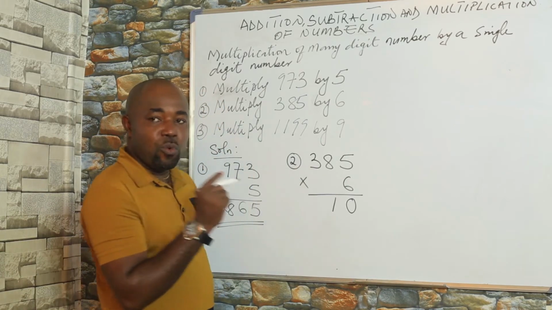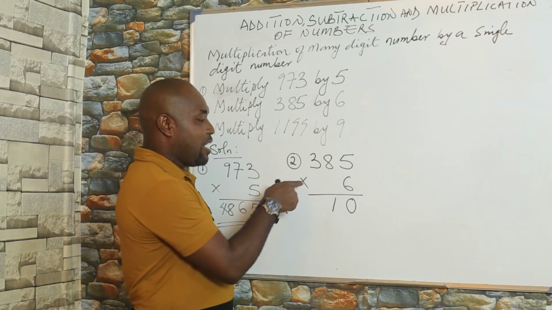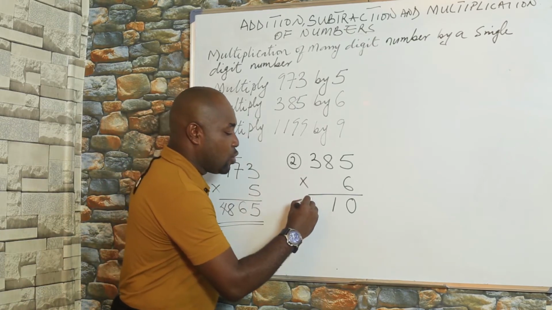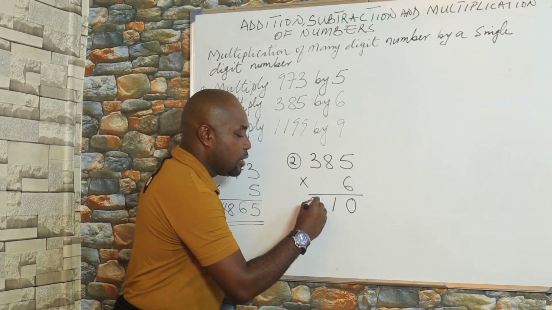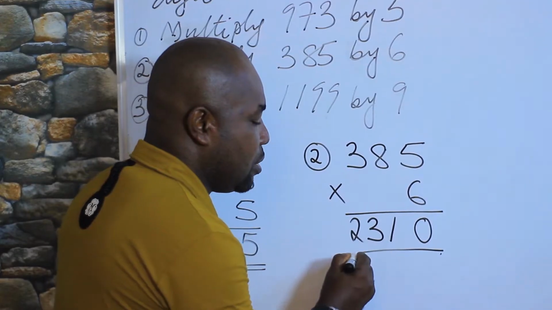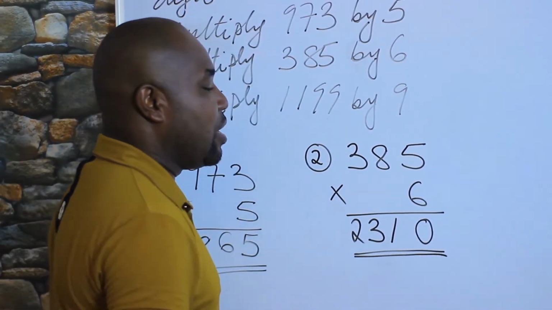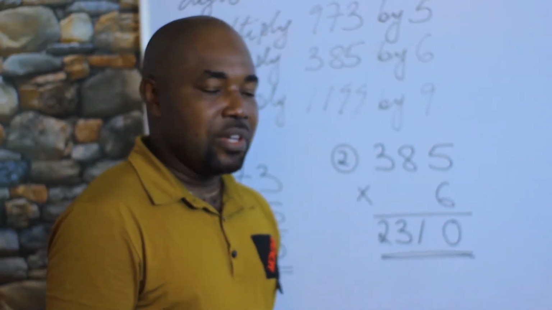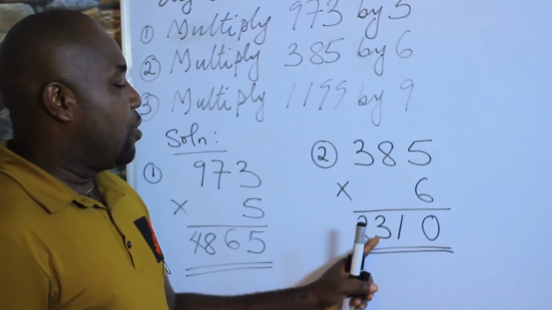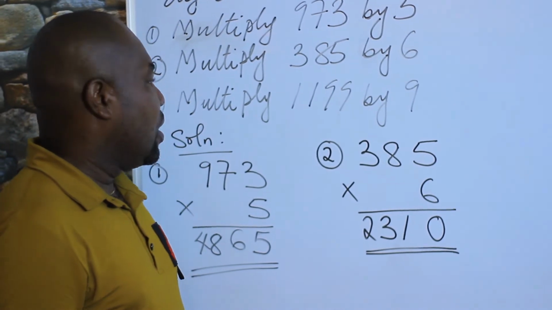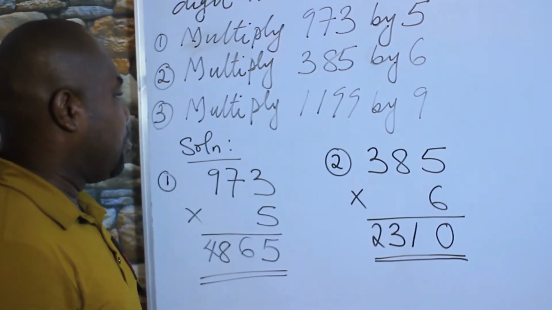Plus the 5 we carried. We add the 5 to the 18, it will give us 23. This is the product of 385 and 6. 2, 3, 1, 0. Let us take the third example.